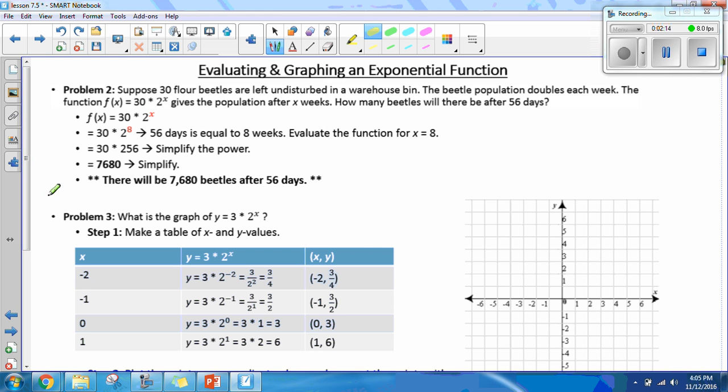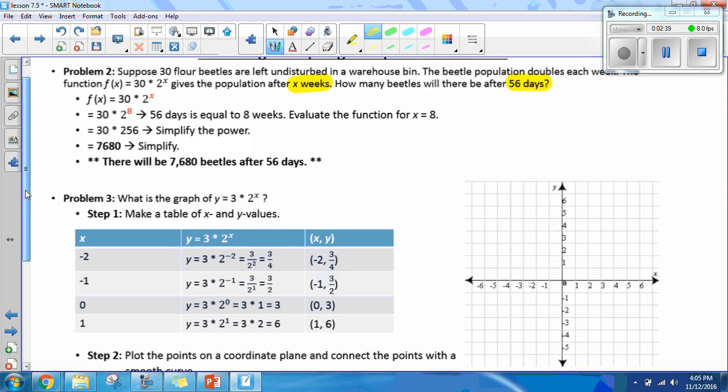Since x represents the number of weeks, and we're given 56 days, we need to convert the days into weeks. Divide that by 7, we have 8 weeks. So we plug that number into our function, and we get 30 times 2 to the 8th power, which is 256 times 30, and that becomes 7,680 beetles after 56 days.